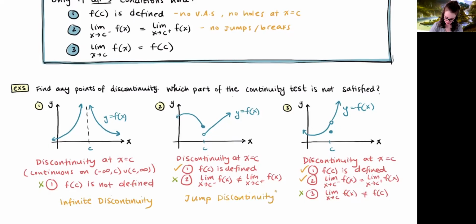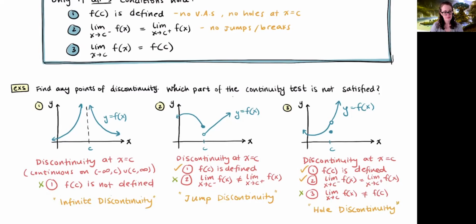Maybe it wouldn't be a bad idea to put these in quotes here, because we don't really want to use these, but it's okay to talk about them this way sometimes. Number 3, I don't really have a word for this. I guess you could call it a hole discontinuity. I think that may be the best way to talk about that. A hole discontinuity. And these are the only 3 types that we'll really encounter.